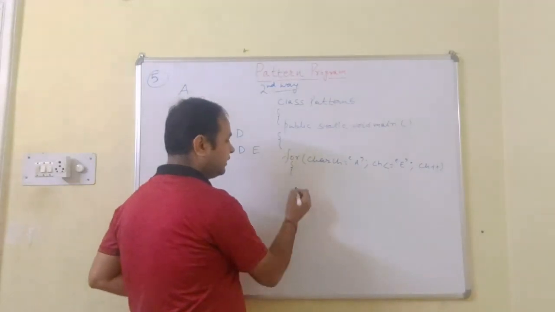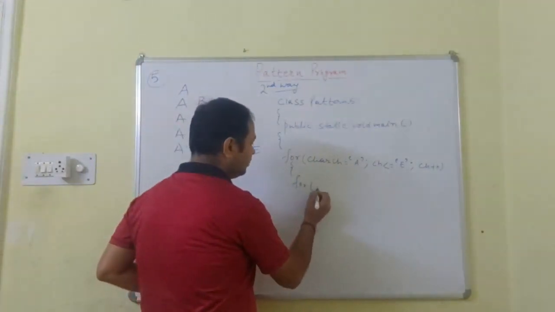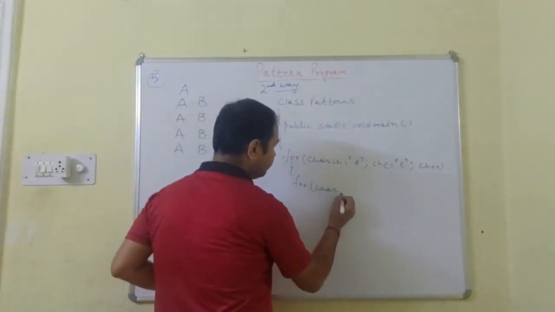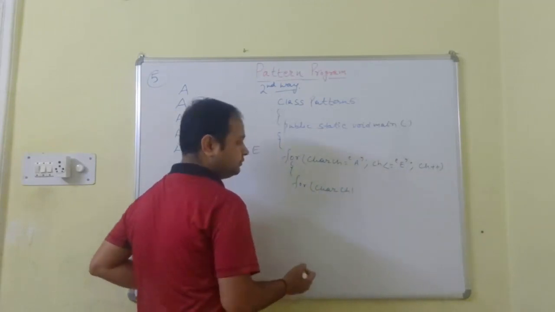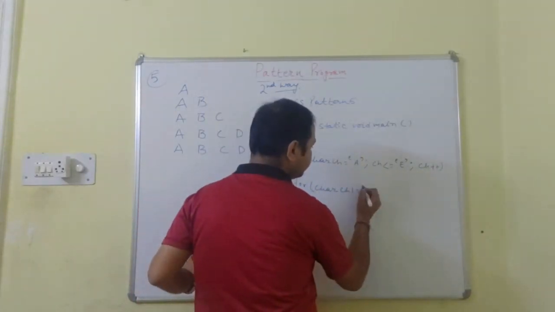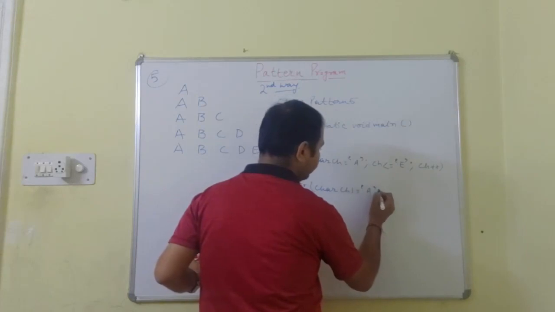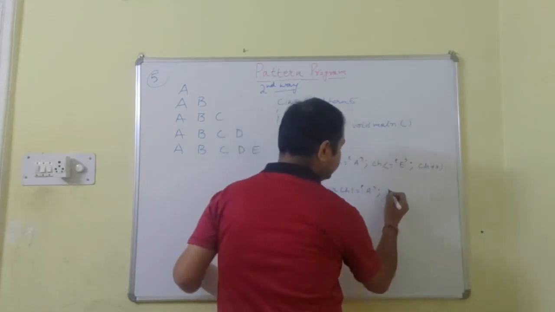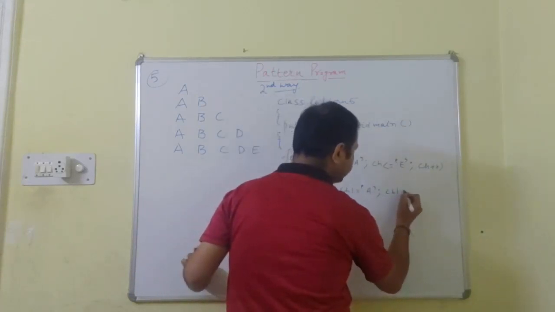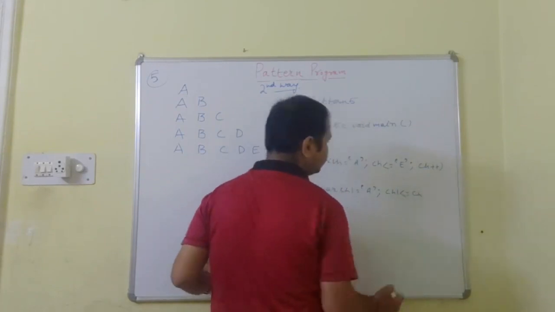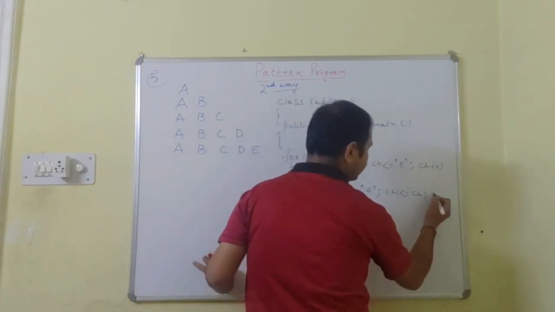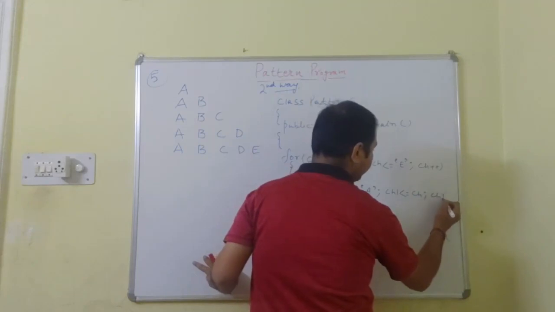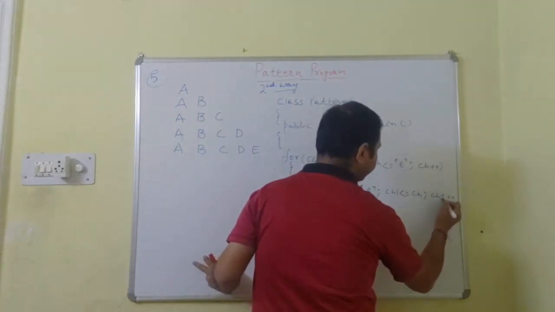Next, opening the curly bracket, we write for char ch1 equals to 'A', ch1 less than equal to ch, ch1 plus plus.